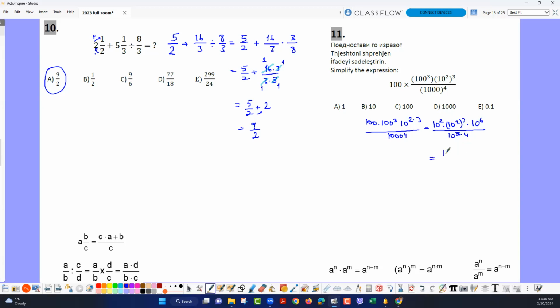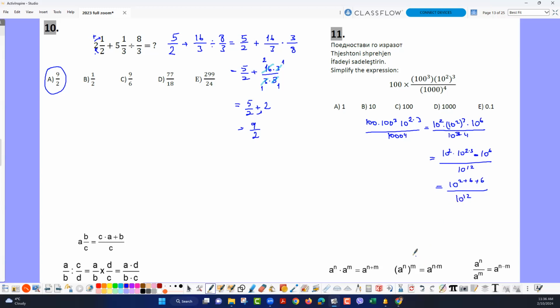Then this is 10 to the power of 2 times 10 to the power of 6, 2 times 3, divided by 10 to the power of 12, which is equal to 10 to the power of 2 plus 6 over 10 to the power of 12.